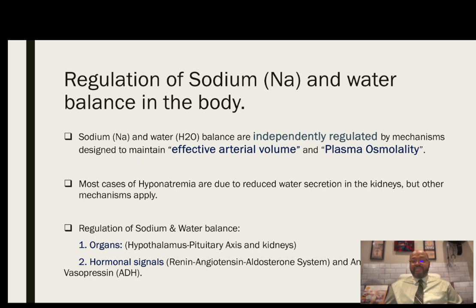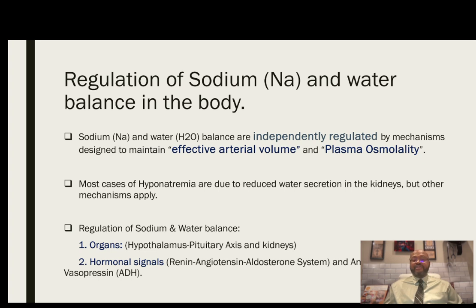Most cases of hyponatremia are due to reduced water secretion in the kidney. The kidney retains more water or doesn't secrete more water, and so the sodium drops because the body tries to maintain a good sodium water balance. But there are other mechanisms that apply, of course.